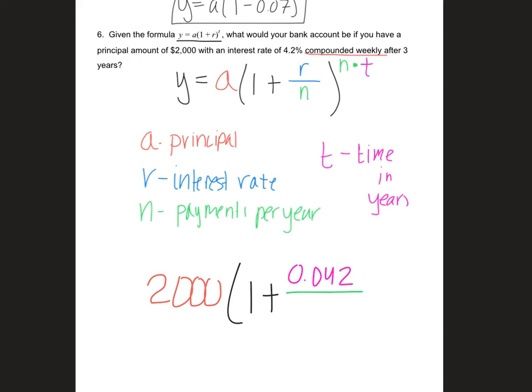If it's compounded weekly, then per year it's going to compound 52 times. That's how many weeks are in a year. And then you close those parentheses, and then you bring that 52 again up here. 52 times the time, which the time in years is 3 years. Remember, we got all those numbers from that little word problem up there.